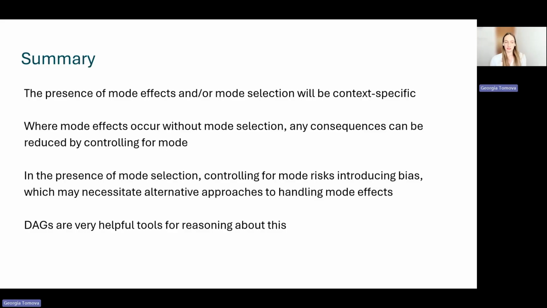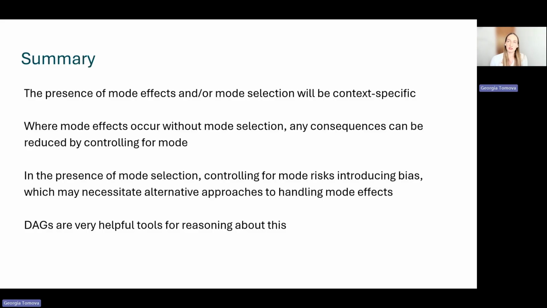So just to summarize everything I've said so far before we move on, the presence of mode effects and mode selection in different examples will be very context specific. So sometimes mode will introduce mode effects in one variable or both the exposure and the outcome. It's similar for mode selection. So the way this behaves will be context dependent.